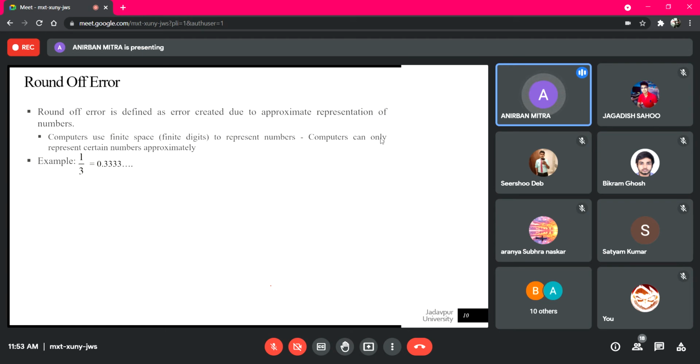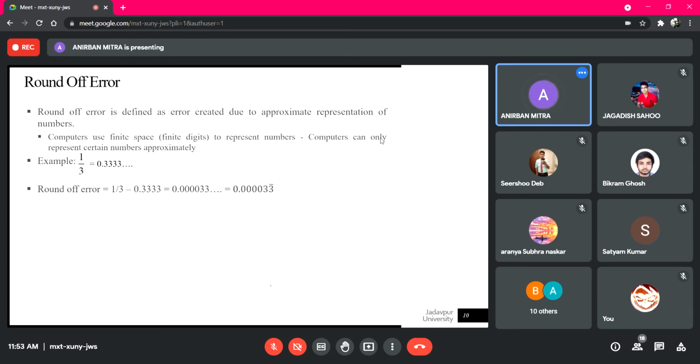Let's consider this example. We intuitively know that 1 by 3 is equal to 0.333, and this never-ending series of 3's would occur, going up to infinity. But how do you represent such numbers in computers? In computers, you will have a finite number of spaces to represent this number. So obviously, you need to truncate or cut off some part of this number to represent it in a computer.